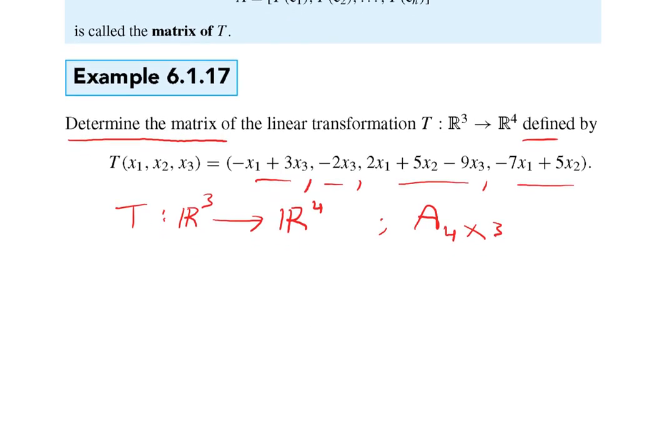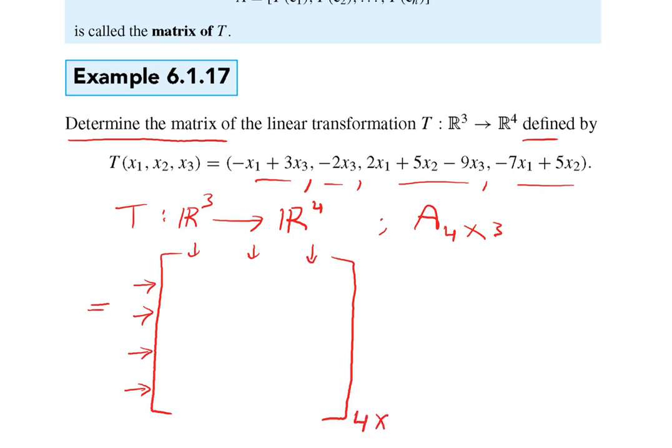And let's see if we could write it together. Equal. I have a matrix of 4 by 3. 1, 2, 3, 4. I do have 4 rows and 3 columns. We call it 4 by 3.